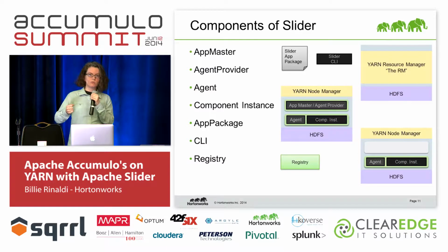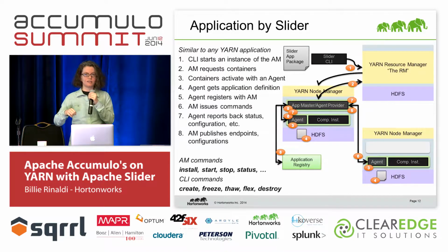The agent is what pulls in the app package, unpacks it, and starts configuring it. The agent registers itself with the AM and then receives commands. Then the agent passes the commands along to component instances. Agents report back status, and the app master is what publishes things like the monitor URL information to the registry.